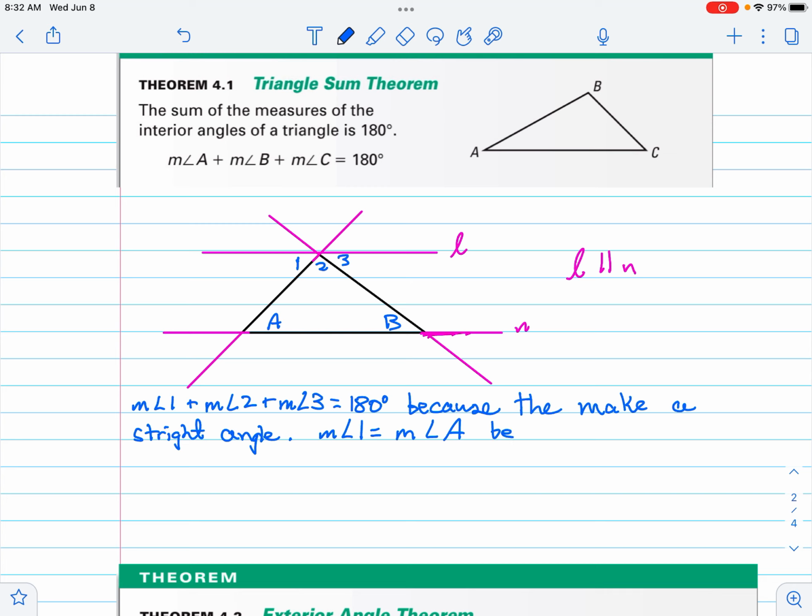Because two parallel lines cut by a transversal have congruent alternate interior angles.